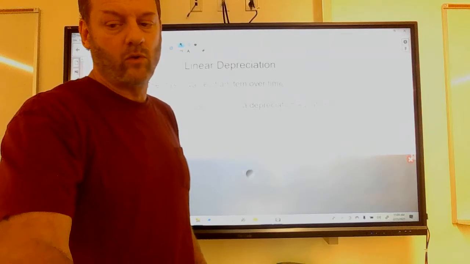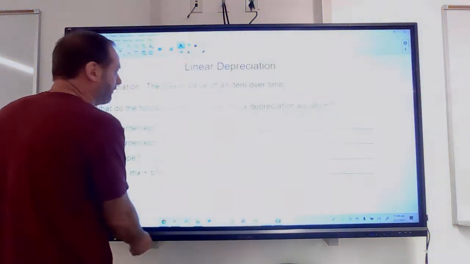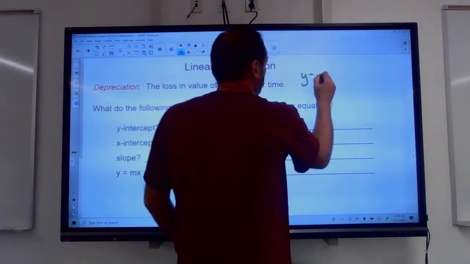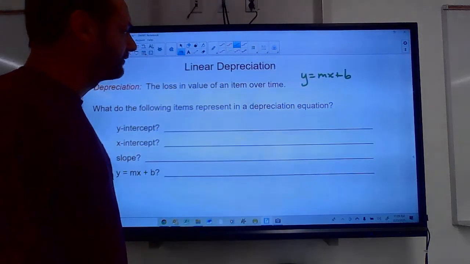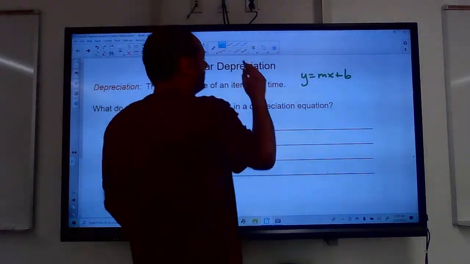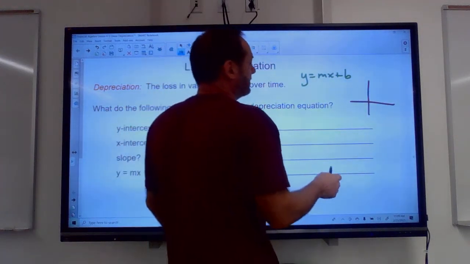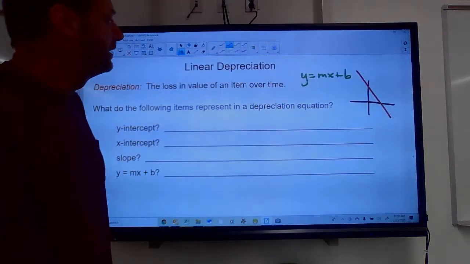Okay, so here's the thing with linear depreciation. So remember back to algebra, a line is y equals mx plus b. Okay, so we're going to do a little review here. And so let's see if we had a graph, and since it depreciates in value, the lines tend to go like this, okay?